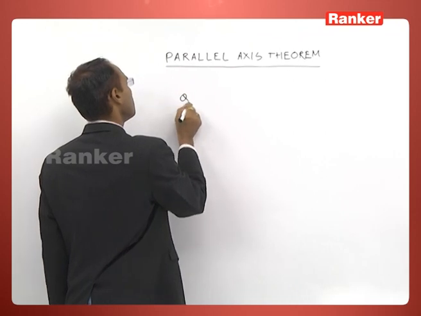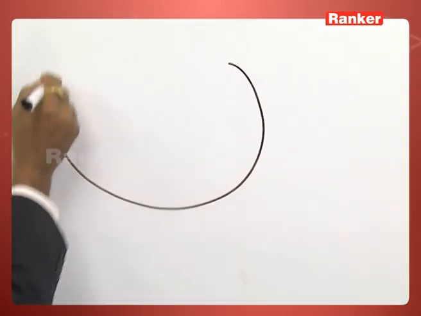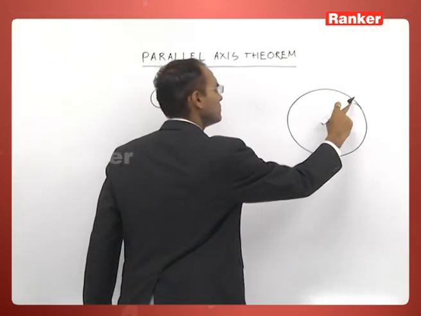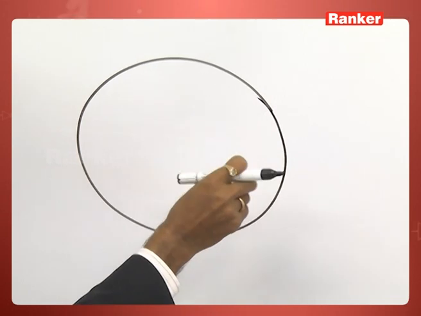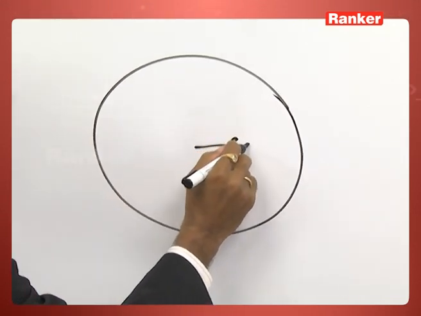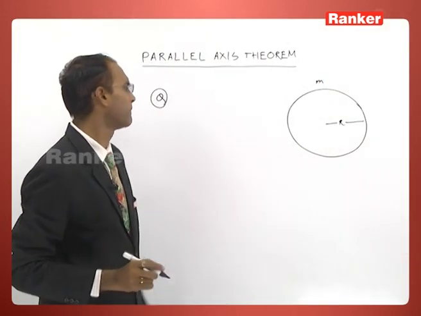Let us take another example. You take the disk. Let the radius of the disk be r and its mass be m.